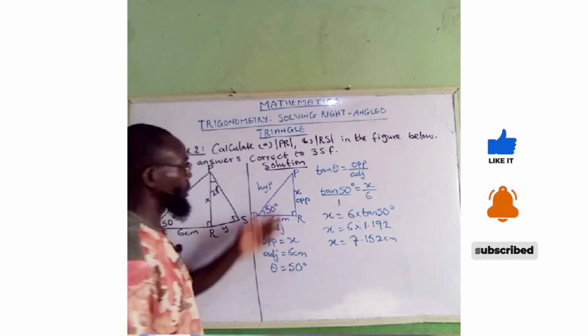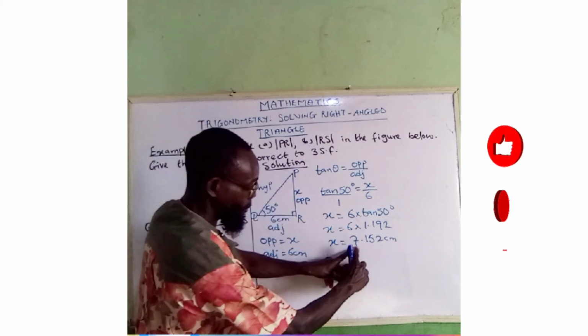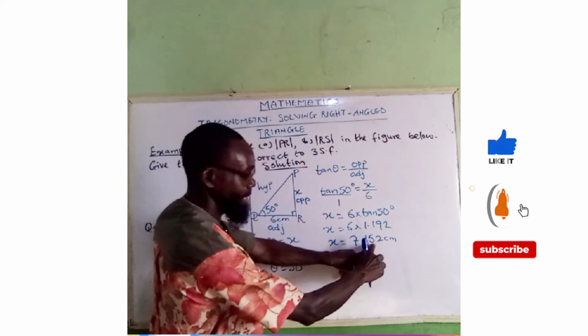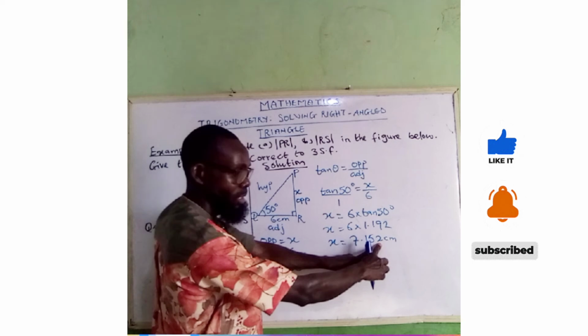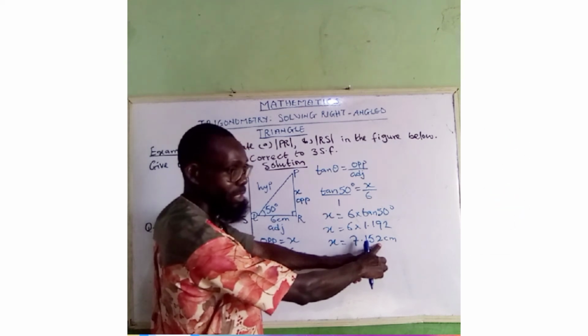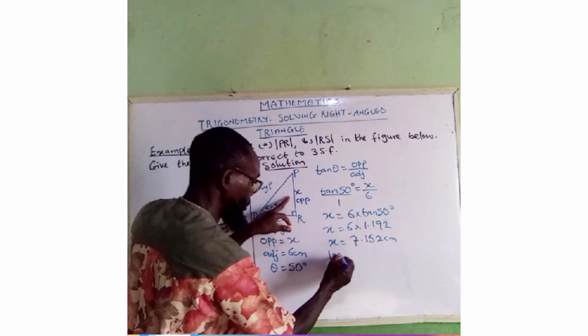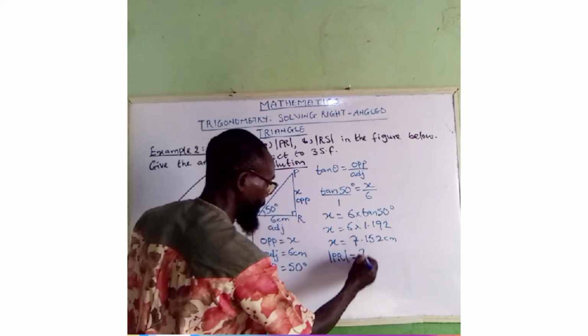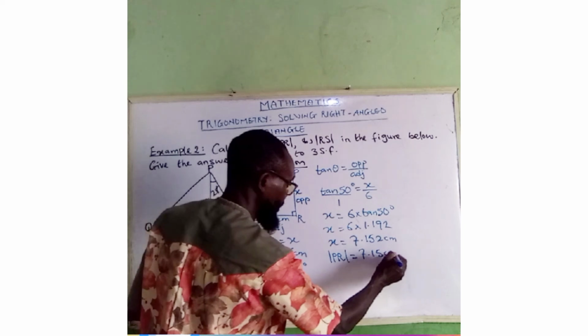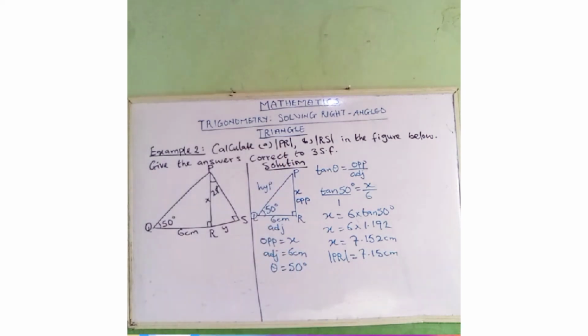But we are told to correct to 3 significant figures, so we count 1, 2, 3. The digit after this 5 is 2. 2 is not up to 5, so it should be rounded down to 0. So in this case, we have our line PR equals 7.15 centimeters.